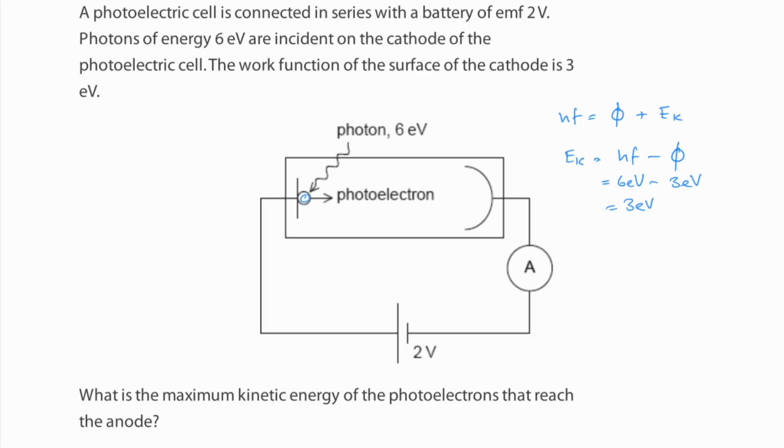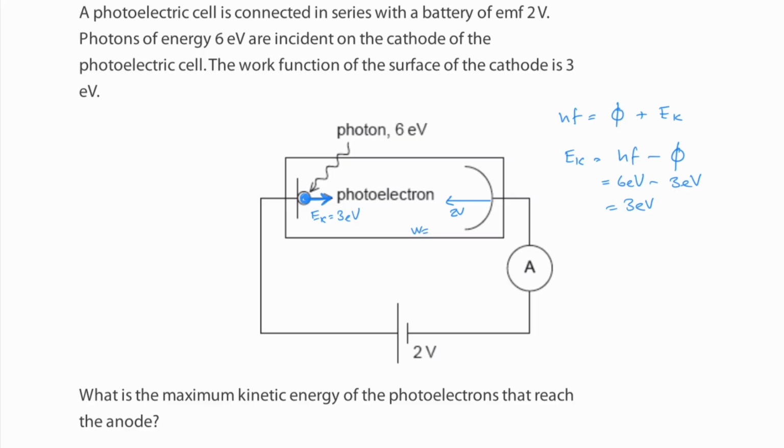However, this photoelectron is leaving with a kinetic energy of 3 electron volts, but there's work being done by the anode that opposes the kinetic energy of the photoelectron, and the potential difference is 2 volts.